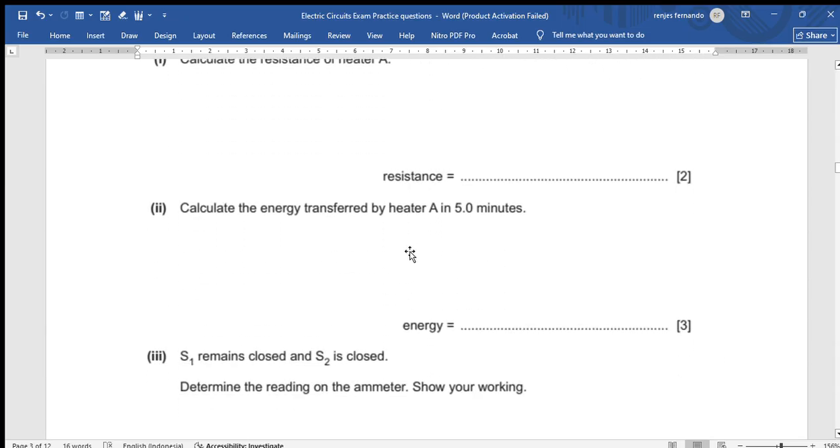Calculate the energy transferred by the heater in 5 minutes. 5 minutes is equal to 300 seconds.